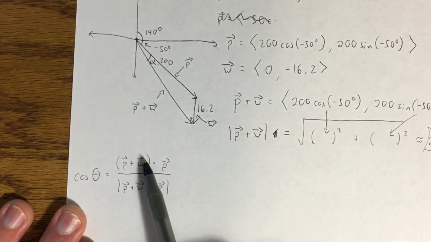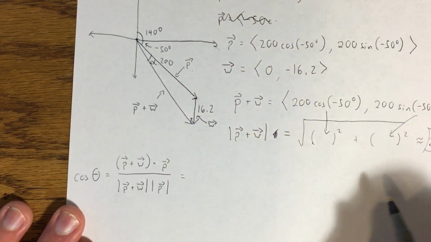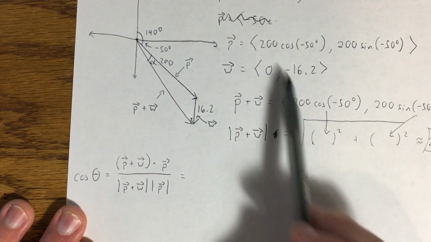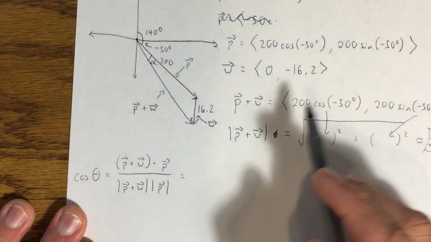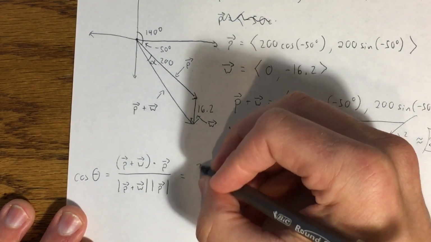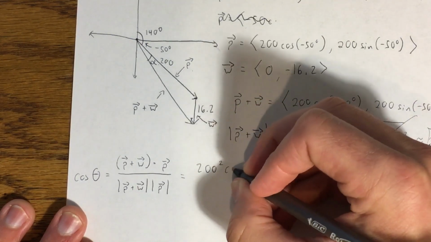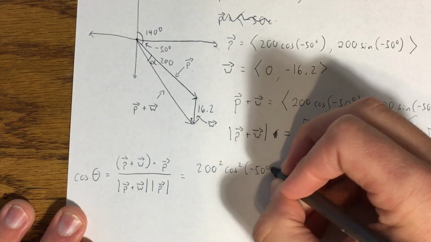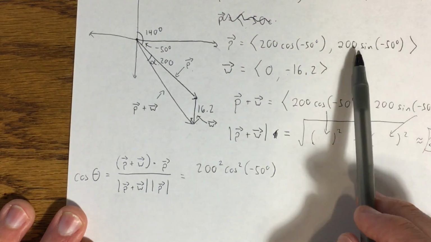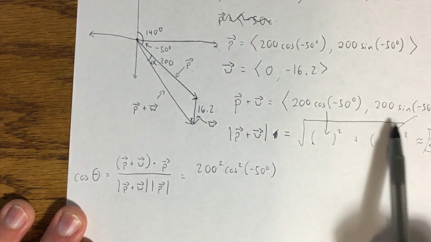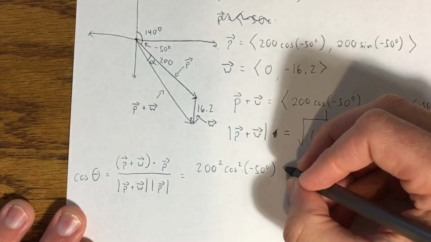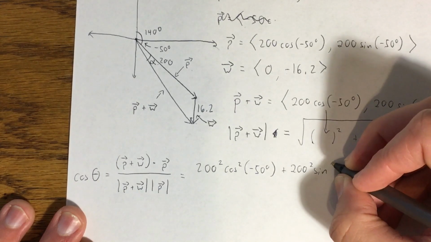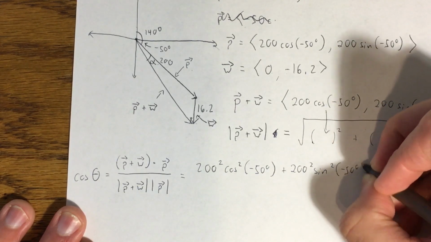Well, the dot product, notice I'm multiplying the components here. So I'm multiplying p to p plus w, its x components. That's going to give me 200 times 200, that's 200 squared cosine squared of negative 50 degrees. And then 200 sine of negative 50 degrees times 200 sine of negative 50 degrees would be plus 200 squared sine squared of negative 50 degrees.